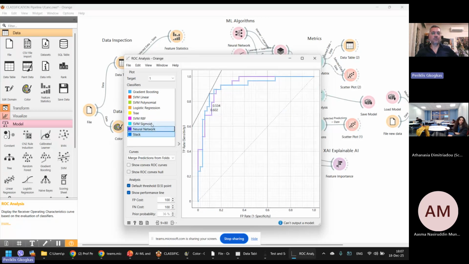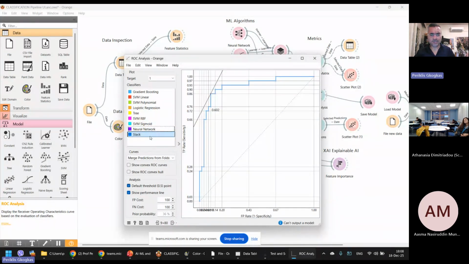I can also include, as you can see, a lot of ROC curves for the different models. Let's concentrate on one, so it is easier to understand. So this is the ROC curve for the stacking model. A little bit of background.